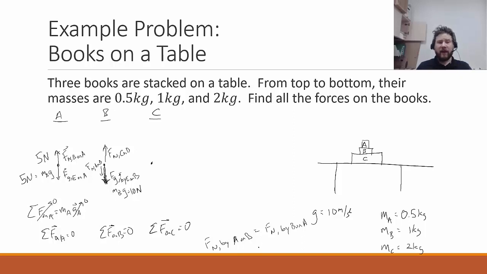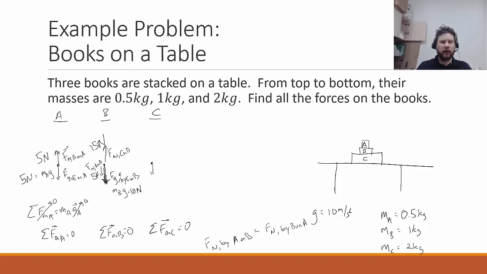If I had vectors and included the direction, I would have a negative sign in there. So if it's 5 newtons up here, then it has to be 5 newtons down over there. So you have a 5 newton force and a 10 newton force downward. They sum up to 0 when you add a certain force upwards. To cancel out a 5 and a 10, you must have a 15 newton force upwards.